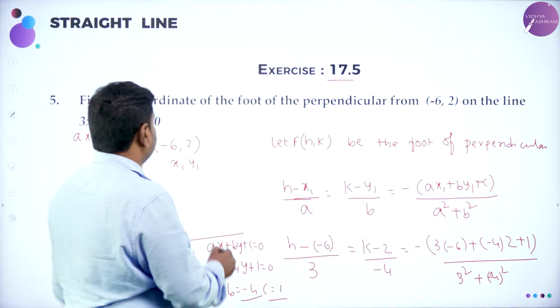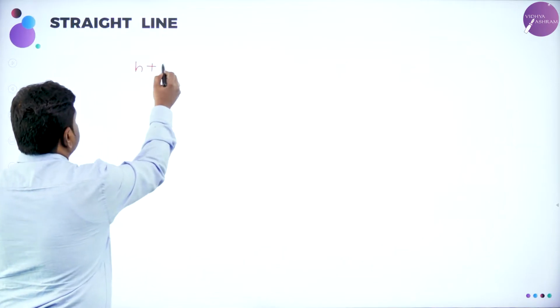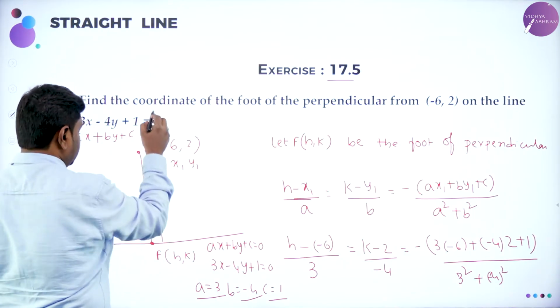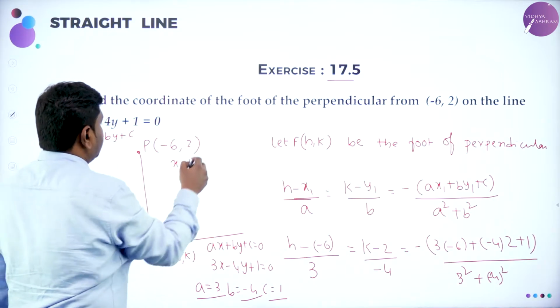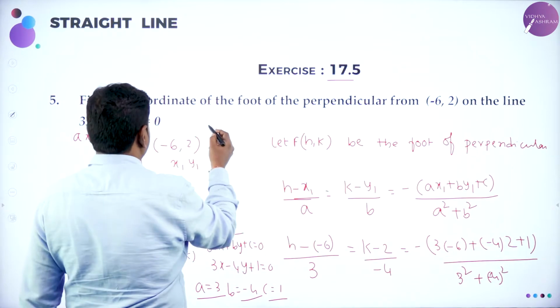Simplify this, you'll get h minus of minus 6 becomes h plus 6 divided by a, a is 3, is equal to k minus 2 divided by b, what is b? Minus 4.